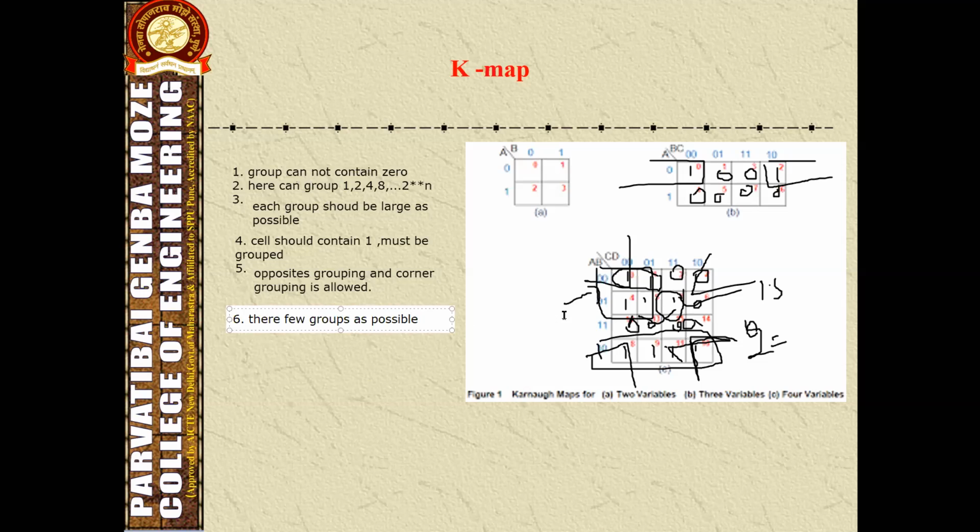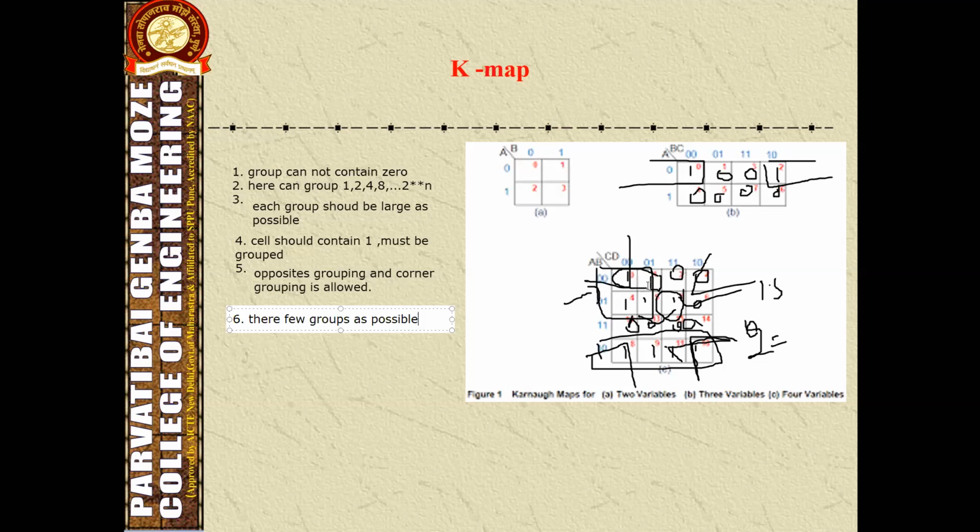We have to select the group which has more ones. If there is a possibility, we can group 8 cells with ones as one group, and we should consider that first. After that, we choose whatever next possibilities have more ones in a group.